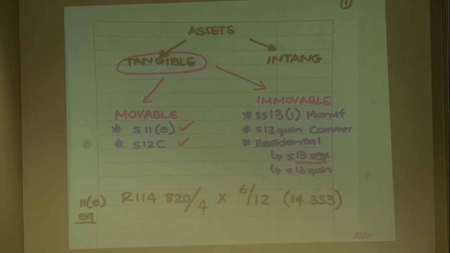We are not going to deal with 13 Quin. 13 Quin deals with if there are loans on those buildings and what we do with those loans. If you carry on and you do our next course, the graduate level course, we deal with it there. But for this course, we're only going to deal with the actual allowance on the building, which is 13.6.